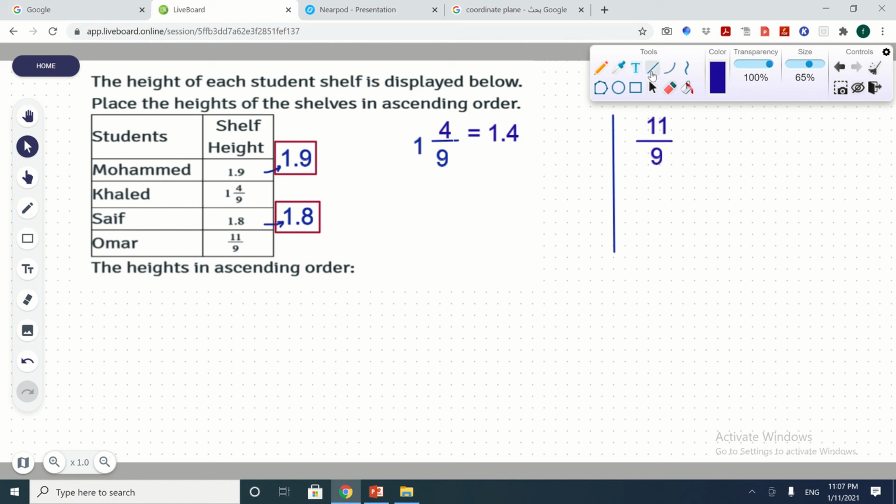It will be a repeating decimal. Okay, this is the answer for this one. If you do not remember, you can use long division. I will use long division here.